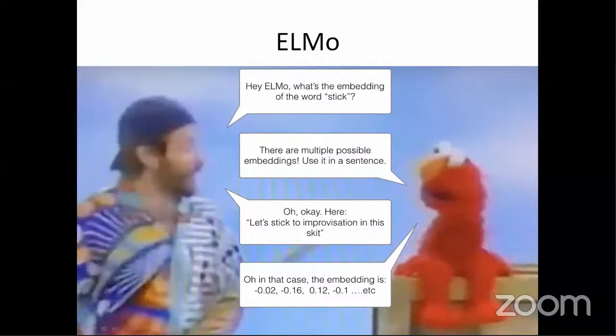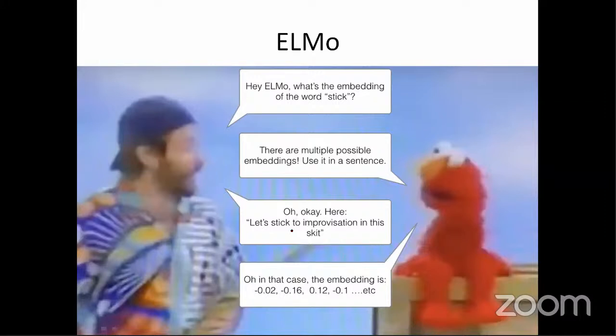Now ELMo takes the sentence. Let's stick to improvisation in this skit. ELMo says, in that case the embedding is 0.02, 0.16, 0.12, minus 0.1.